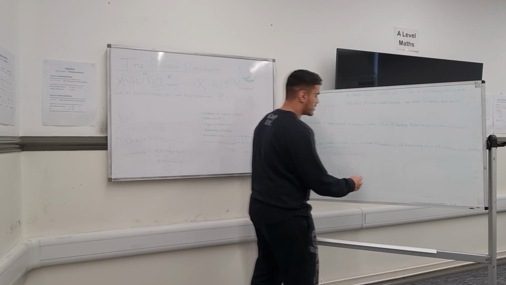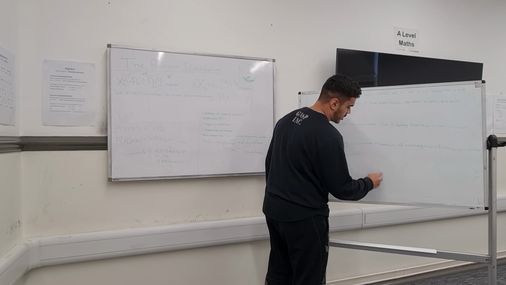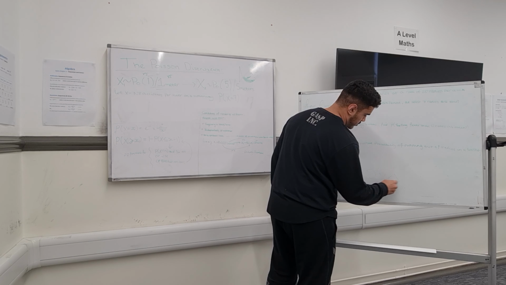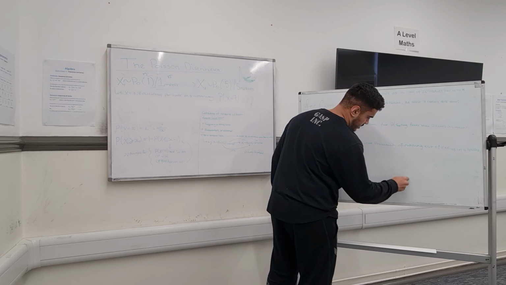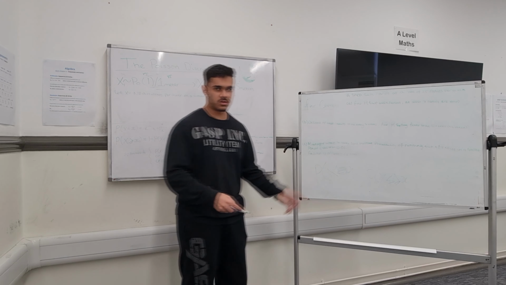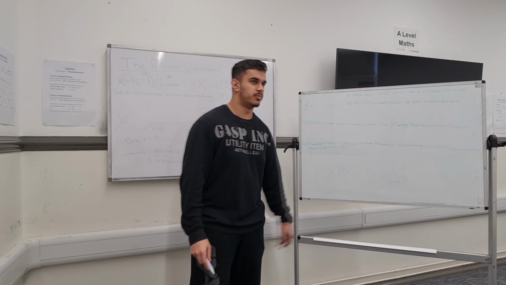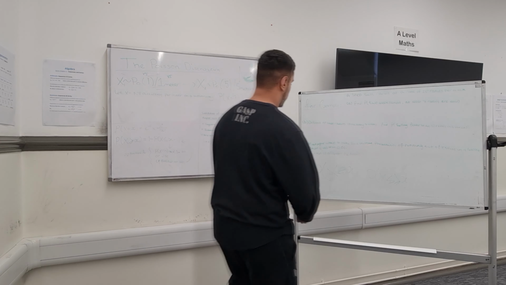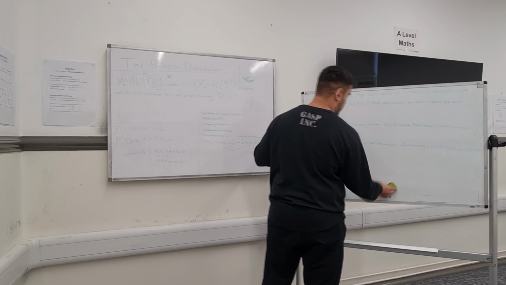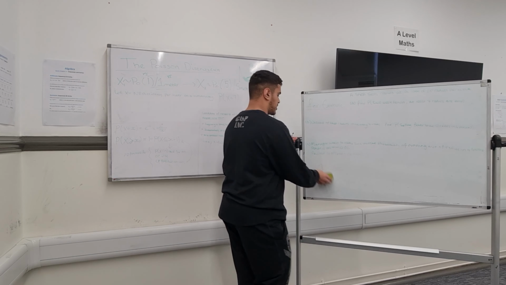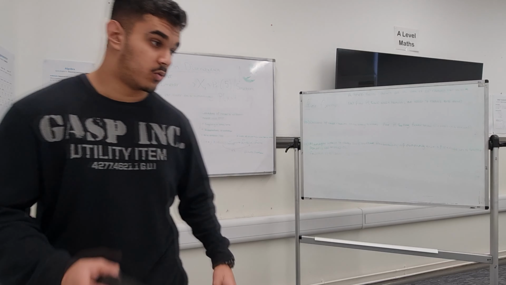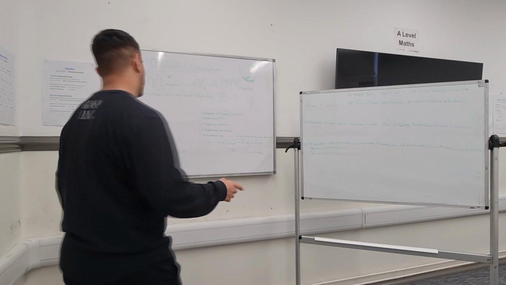And a cumulative distribution is like that. So that is cumulative, this is probability distribution. It doesn't matter what it stands for, use PD when there's an equal sign, CD when there's a greater than or equal to sign, and so on and so forth.